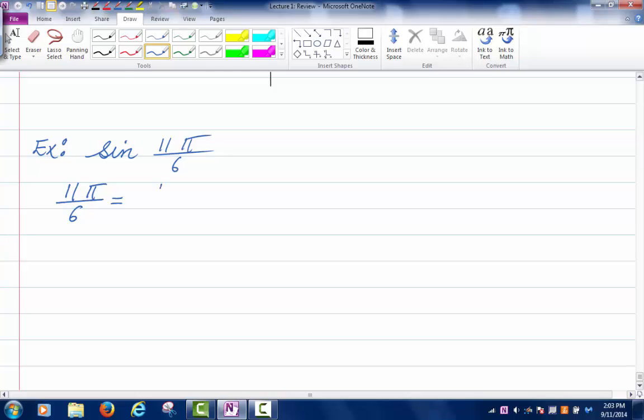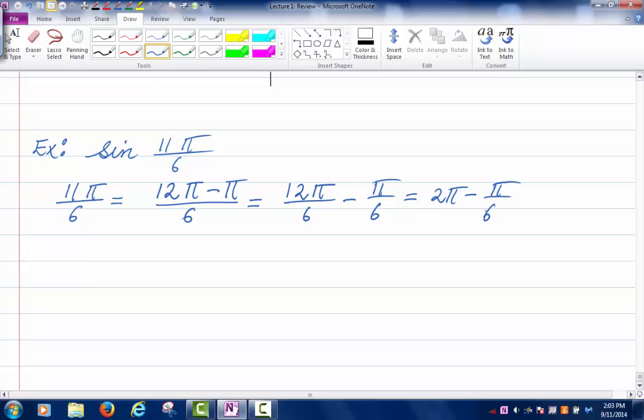So I'm going to write 11 pi as 12 pi, but that changes quantity, so I'm going to subtract pi and write it this way. And then I'm going to write 12 pi over 6 minus pi over 6, which is 2 pi minus pi over 6. Now I know exactly what that angle is.